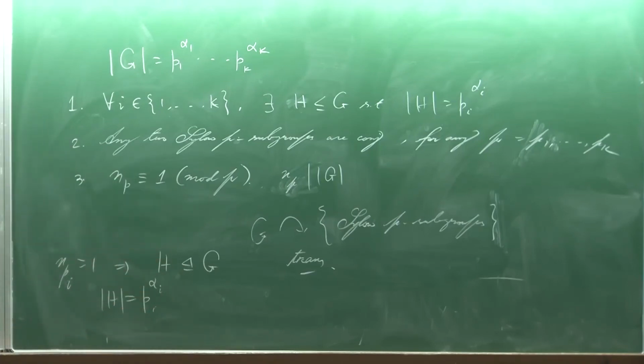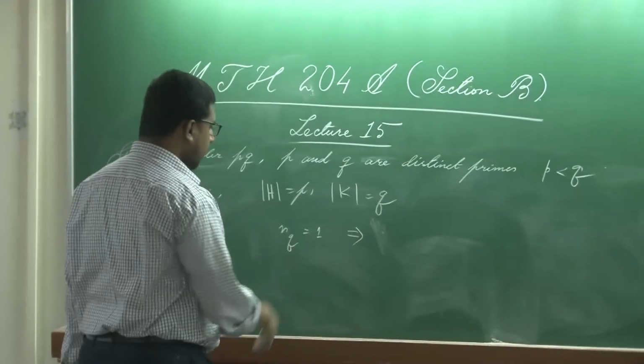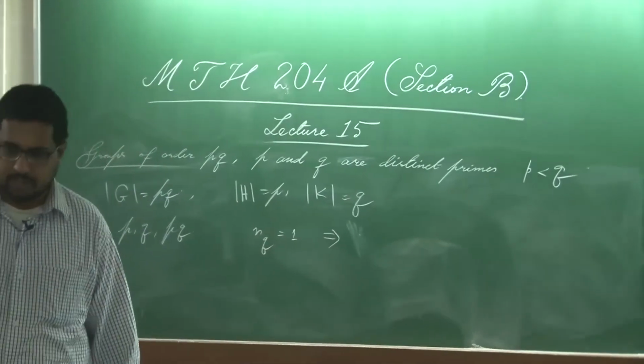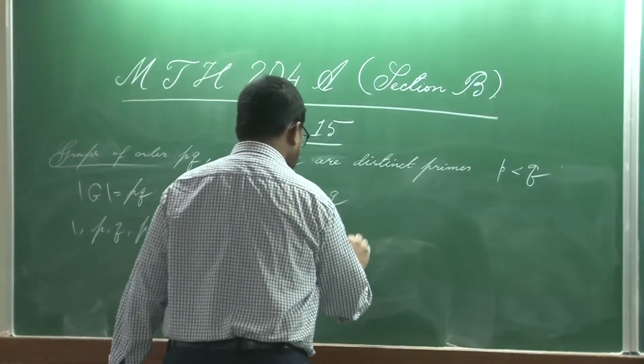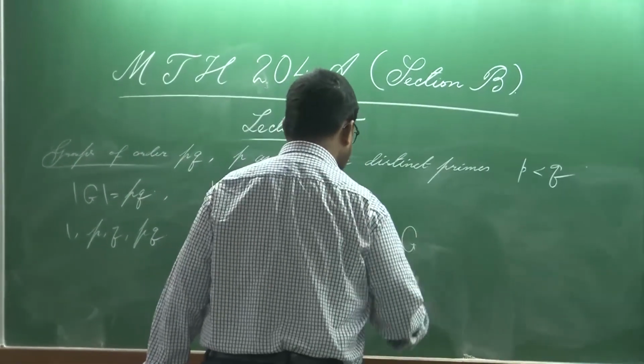This exactly means that H is normal. So, this holds as a general observation: a Sylow p subgroup is normal if and only if it is unique. So, n_q is 1, that means K is normal in G.